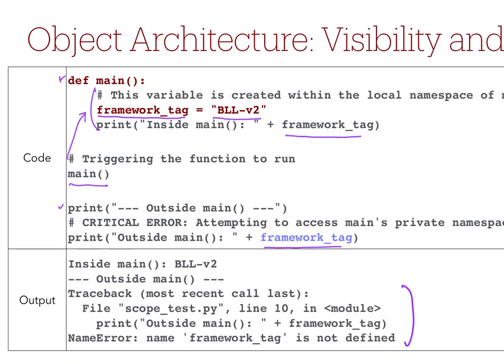The execution of the print inside of the main function is fine, and the print function without accessing that variable outside the main function is also fine. But if you try to access that variable outside the main function, when you evaluate that variable, you get an error message, because that variable is not seen outside the main function.